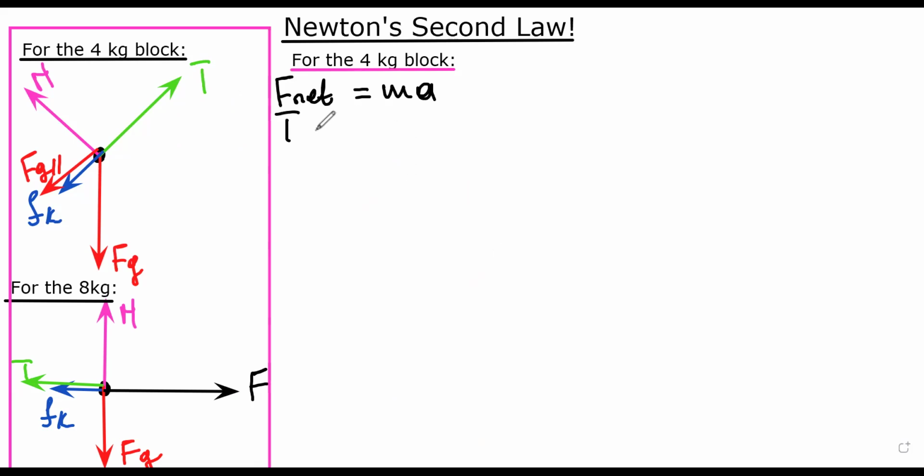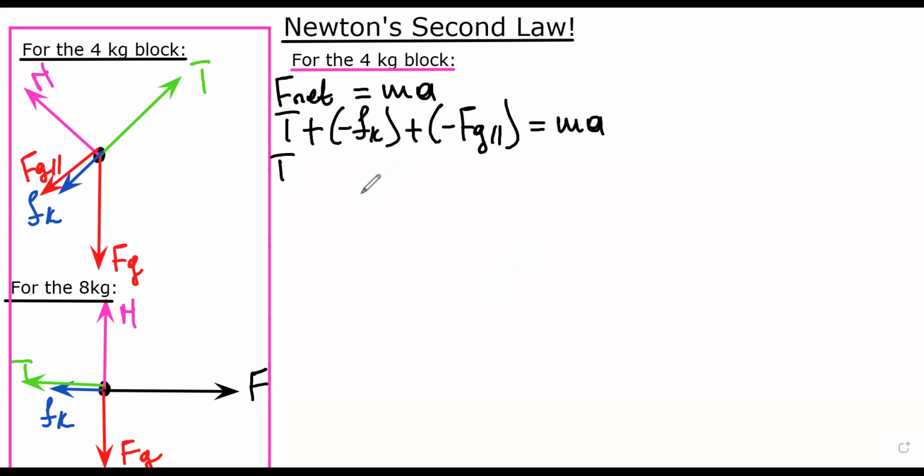So in other words, the tension force becomes positive, but the kinetic frictional force, as well as the parallel component of the gravitational force, will be negative. And this is what we say. We don't know the magnitude of the tension. That's fine. But the magnitude of the kinetic frictional force is given to us. They said it is 4 newtons.